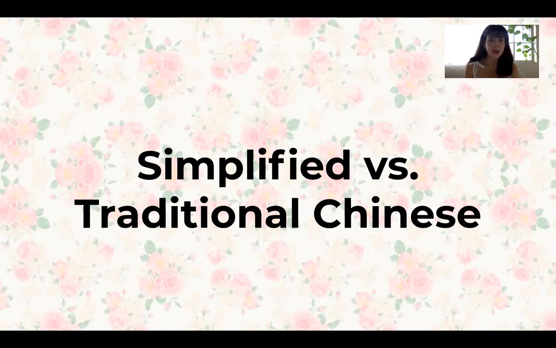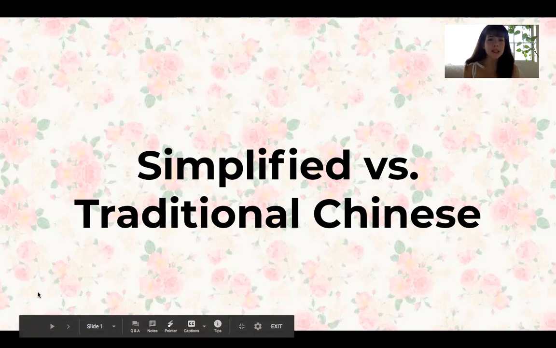Chinese writing had already evolved and refined to be something very similar to what we see today in traditional Chinese writing. Whereas simplified is a very new invention. It wasn't until 1956 that the mainland Chinese government said, okay, we're gonna reform the writing system. We're gonna use simplified instead of traditional.